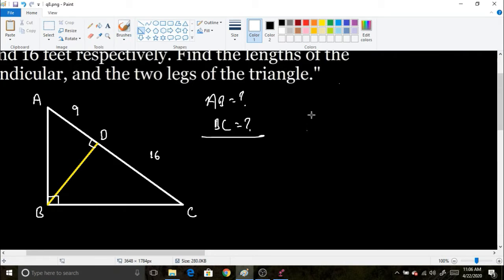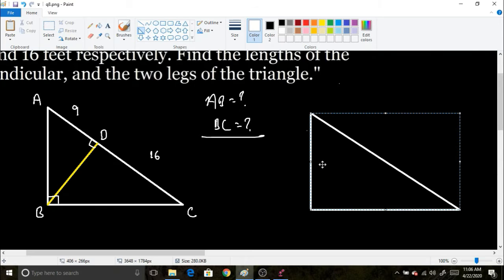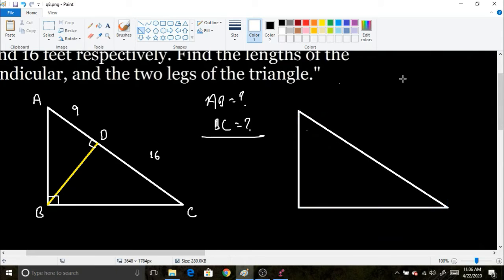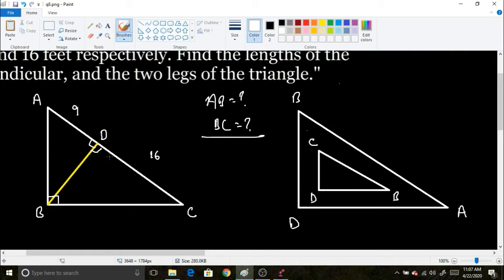It means that we have two similar triangles over here, namely BDA, this one, and another right angle triangle similar to this one, CDB. We have one common side BD, and two right angles, and all angles are the same. So these two triangles will be similar.